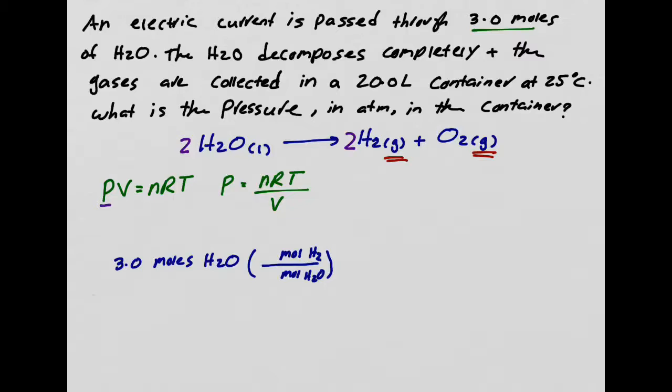What is the mole ratio? Coefficients are the mole ratio. So for 2 H2O, you end up getting 2 H2. Coefficients are the mole ratio. So far so good. That would cancel out. It's really key: we cancel the moles of H2O and we end up with moles of H2, which is what we want.